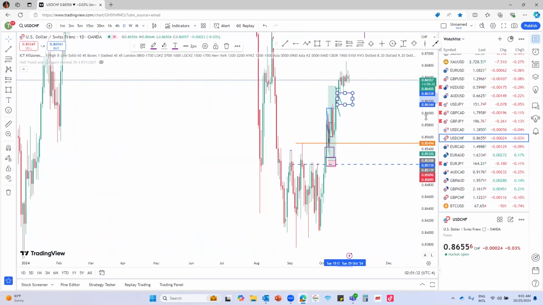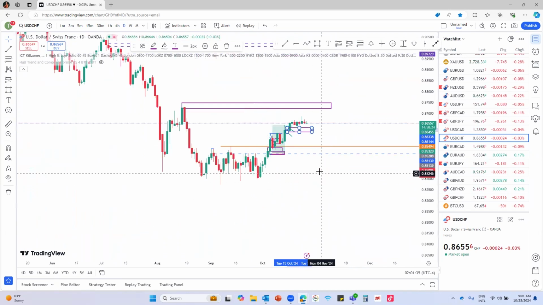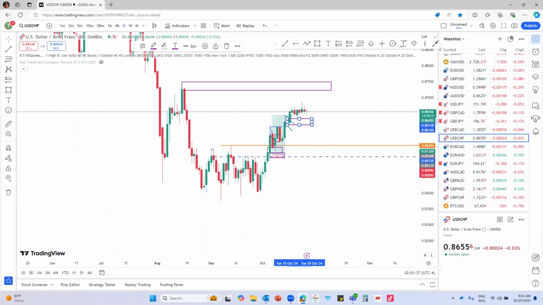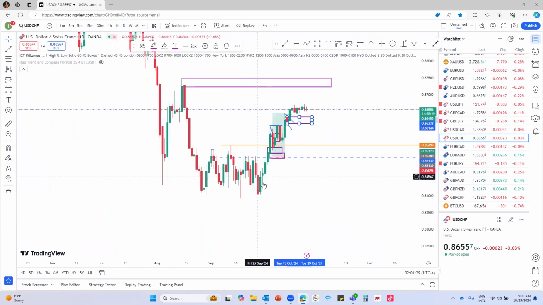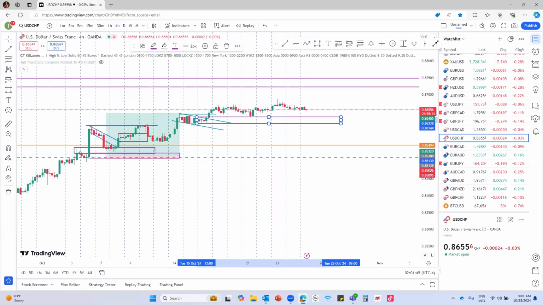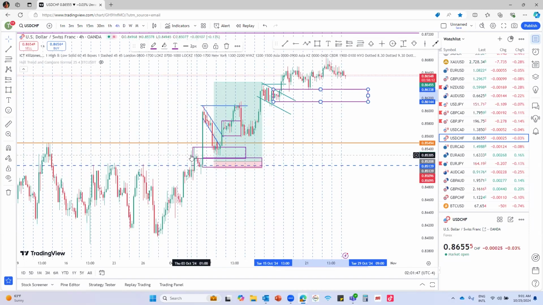So when you look at it from the higher time frame, the daily time frame, you might not really be able to see exactly how we took the entry. But if you come to the 4-hour time frame, now you'll start seeing that this was a zone of consolidation, right? After the price pushed up, it pushed down slightly, more of a consolidation.